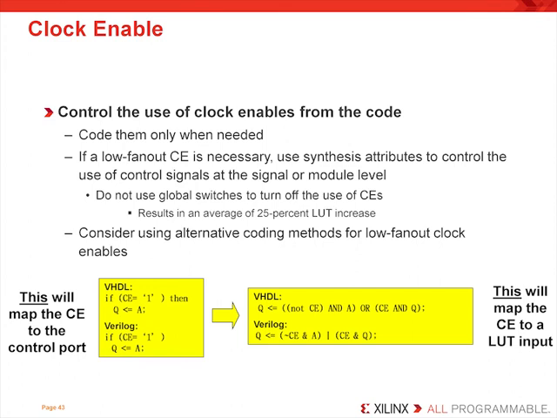So in this example, instead of coding it as we usually do, as seen on the left, which will force the clock enable to the register's clock enable port, instead, force the clock enable signal to a LUT input. Code it as part of the register's output, as we see here on the right-hand side. Write the detailed equations and the explicit connections to the register's output. In this case, by having more than one input, it forces the clock enable input to the LUT input.